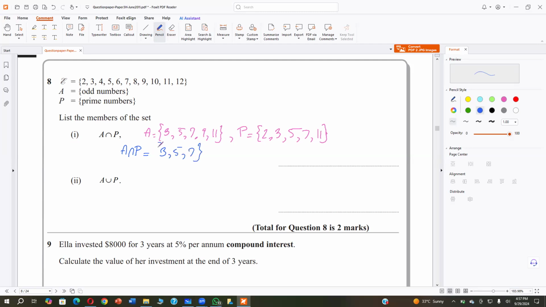Let me know what you are getting. What answer are you getting?